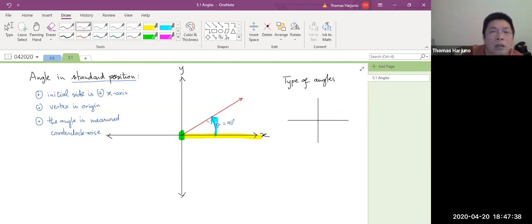An angle that is less than 90 degrees is called an acute angle, because it is less than 90 degrees. Visually, you see that it is in quadrant 1 if you put it in standard position. An angle is called an obtuse angle if it's between 90 and 180 degrees.